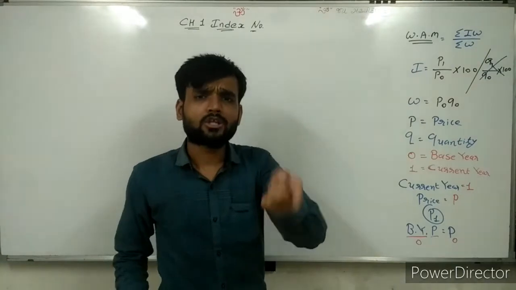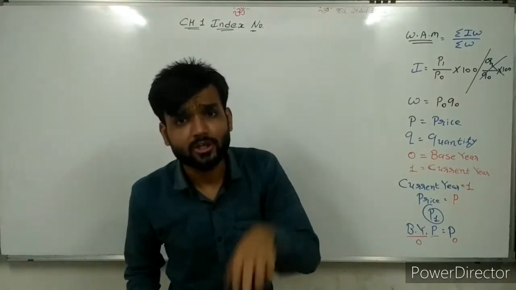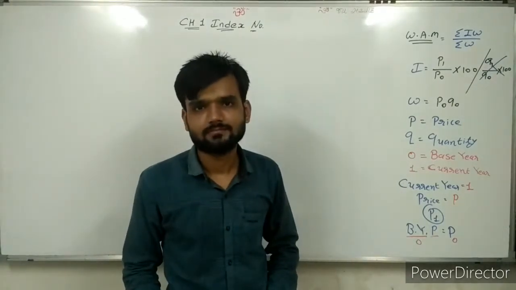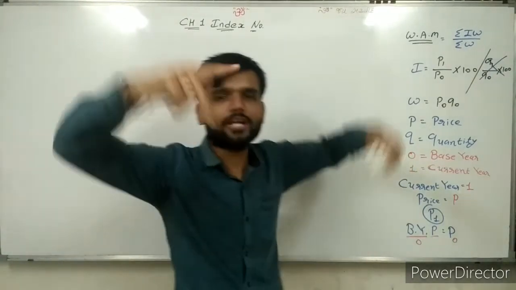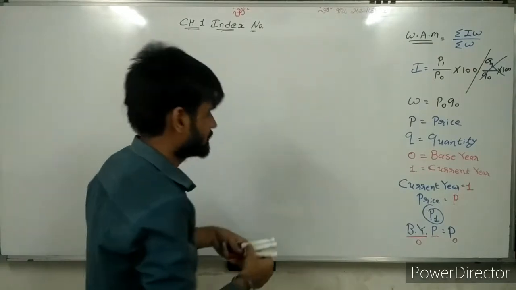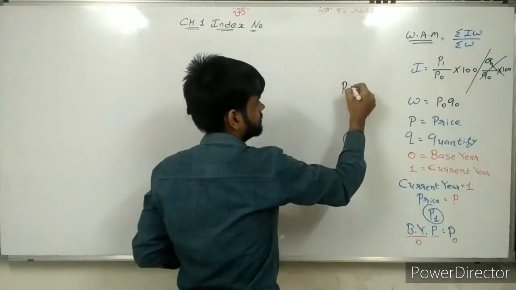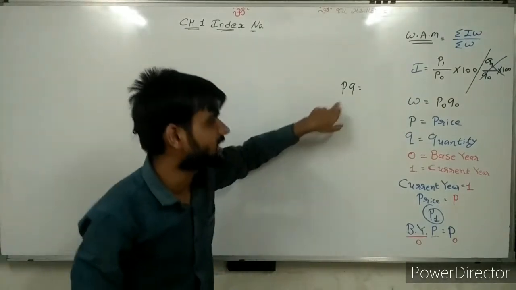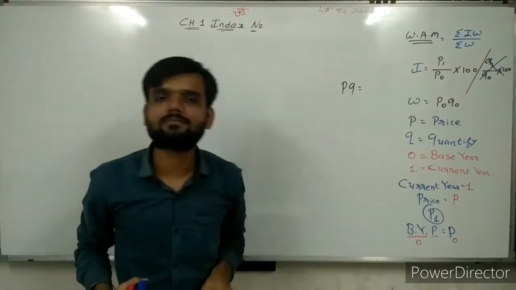In the same way, Q1 is current year quantity, Q0 is base year quantity. Going ahead, sir, suppose PQ is given, then what? It means price and quantity multiplication.